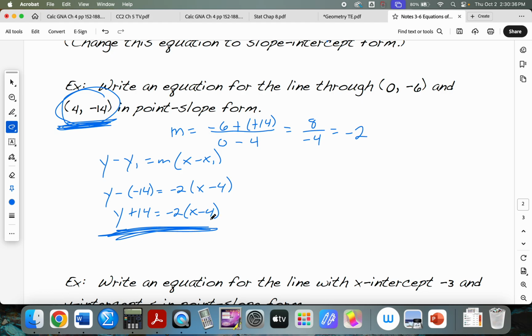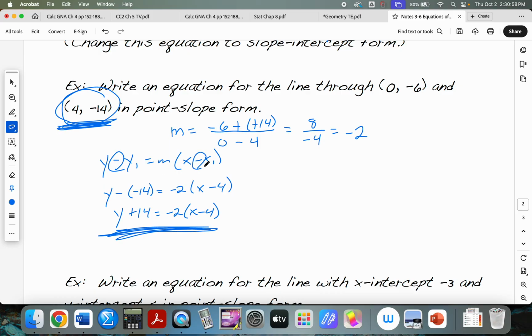You see -4, but the point is +4. And right next to the y, what do you see? A +14, but the point is -14.